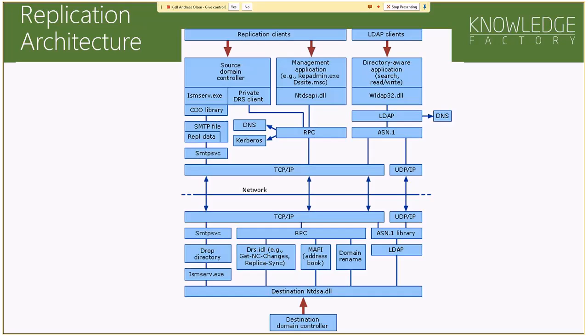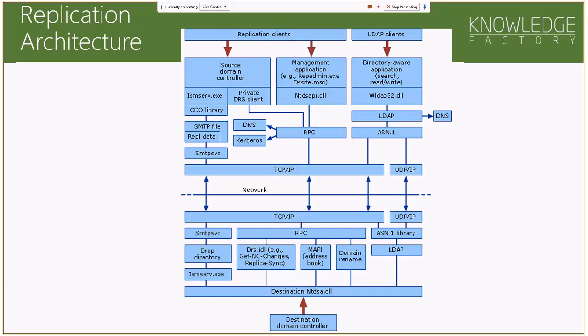If you look at the screen, you have the replication architecture components, and I'm going to walk you through them. So you have the NTDS API.dll, which is used to manage the communication with the directory service over RPC. You have the private DRS client, a private version of the NTDS API.dll that runs on a DC to make RPC calls for replication.